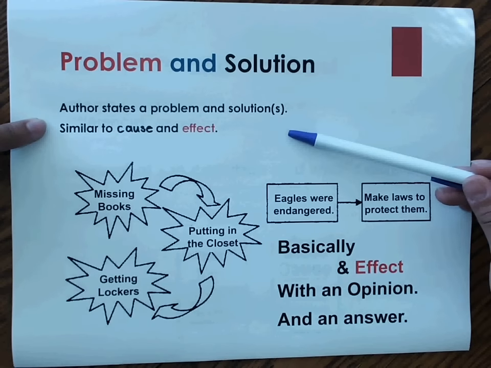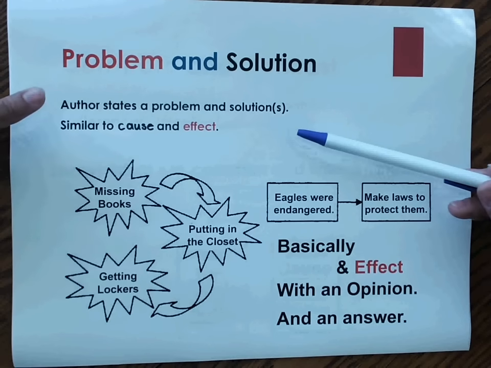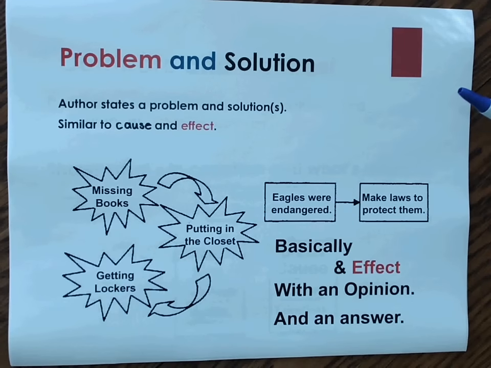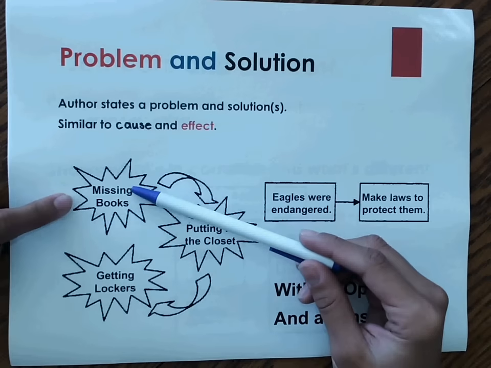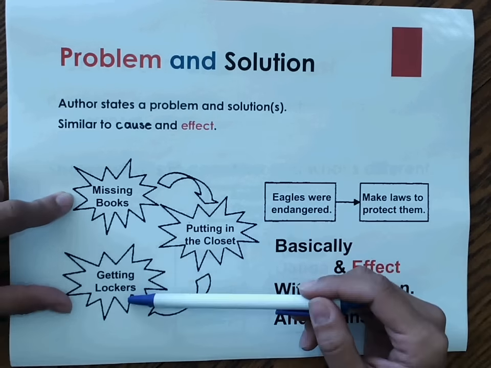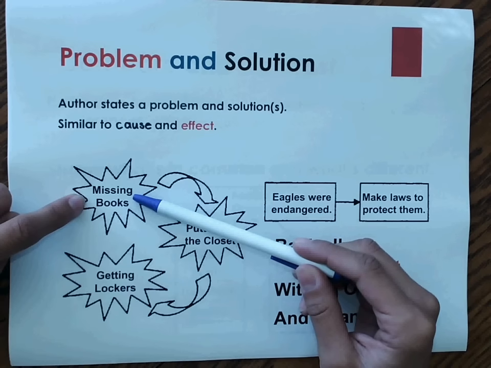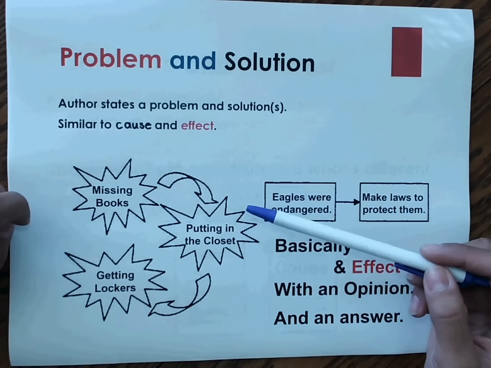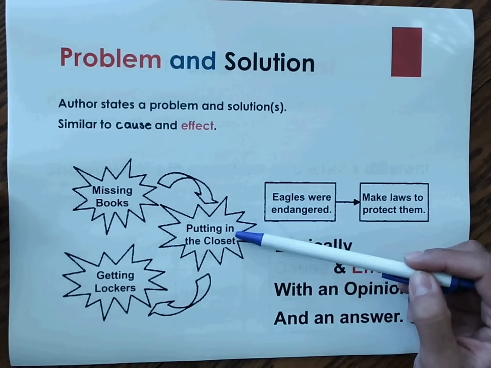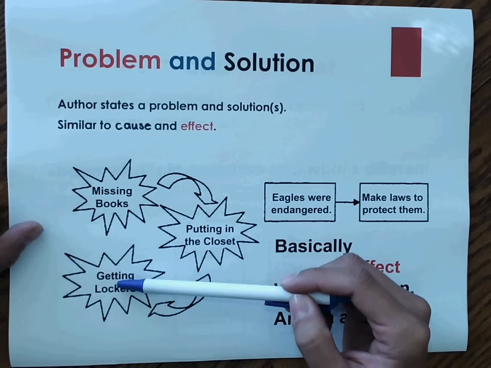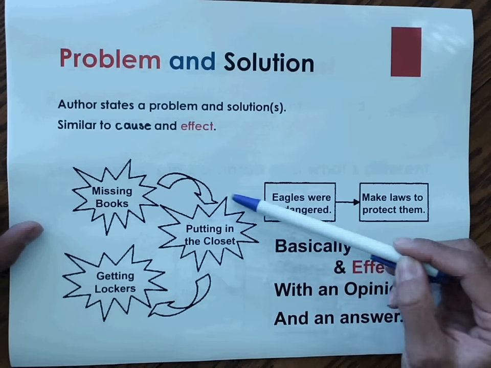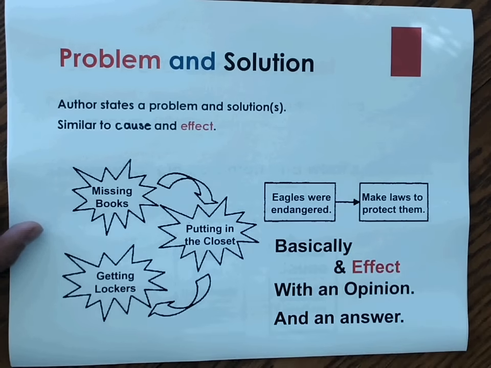Next we have problem and solution. The author states a problem and gives its solution. It's very similar to cause and effect. We have missing books, putting them in the closet, getting lockers. We have these books and they're missing. So we start putting them in the closet, which doesn't work. So we put them in the lockers as a solution.